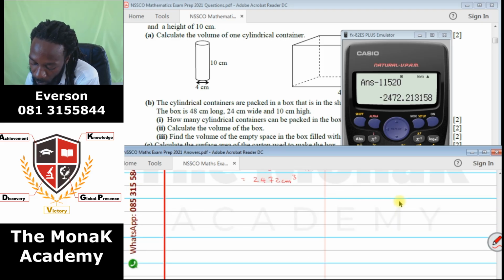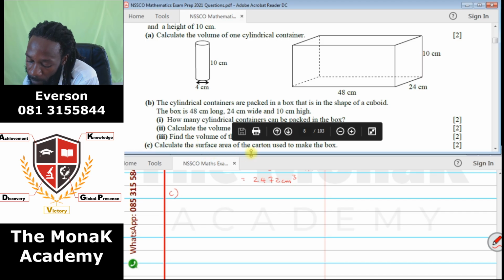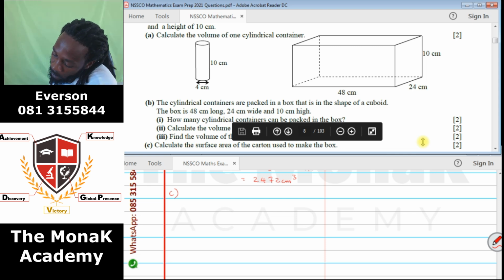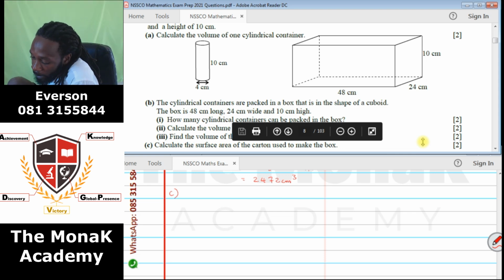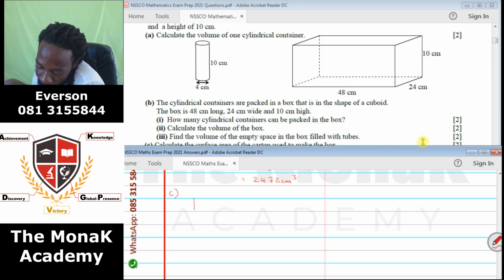And then we look at part C. Part C says, calculate the surface area of the carton used to make the box. So surface area of a rectangular prism. We have sides like this, which are 48 by 10, and we have 2 of them.